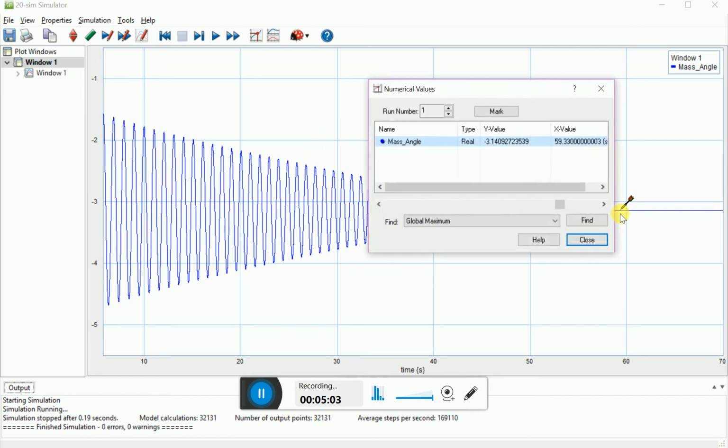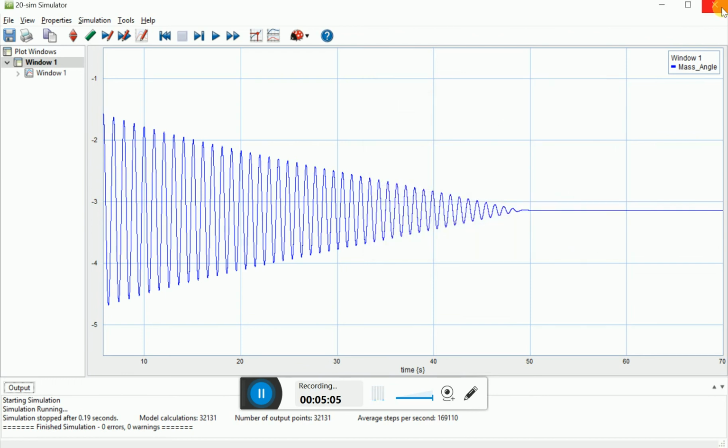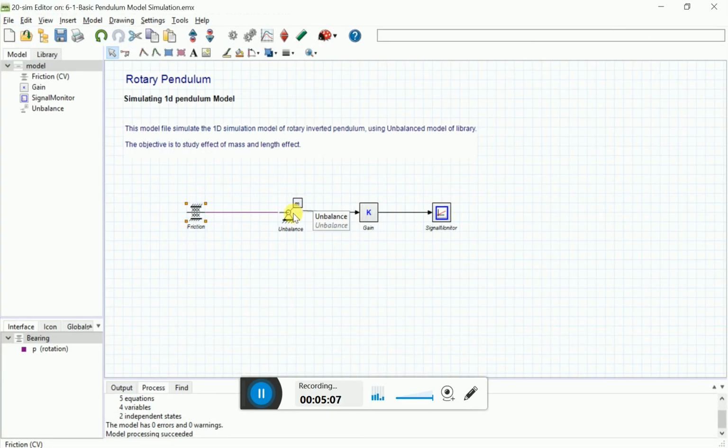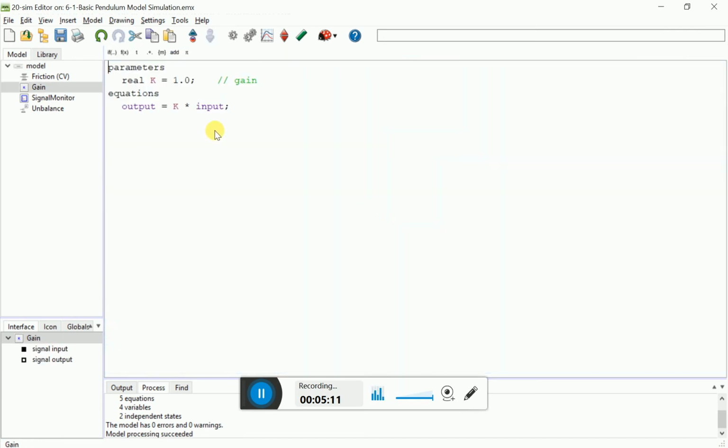Now this value again we see in radians, so we can convert this into degrees by double clicking on this gain block and writing a small equation, because the radians to degree conversion is you just divide the input by pi and multiply by 180.